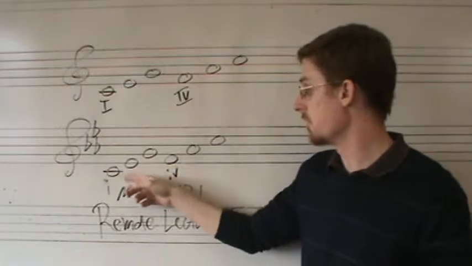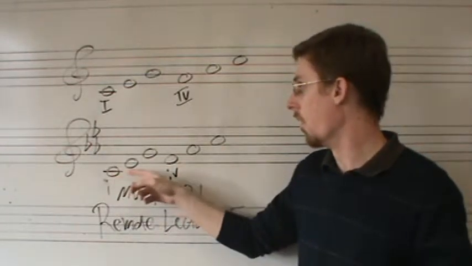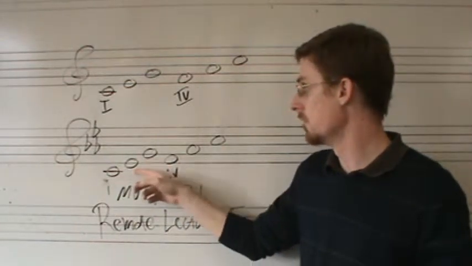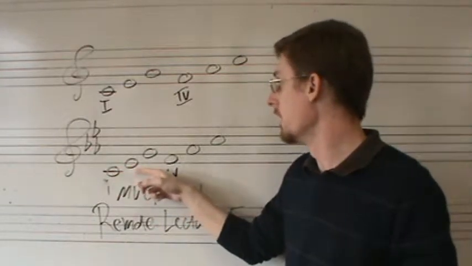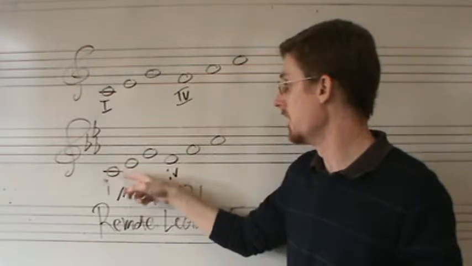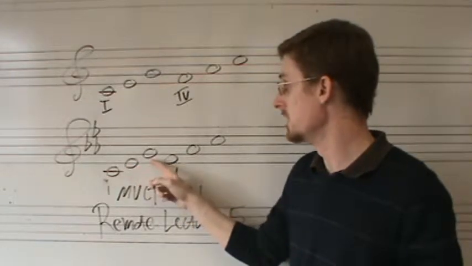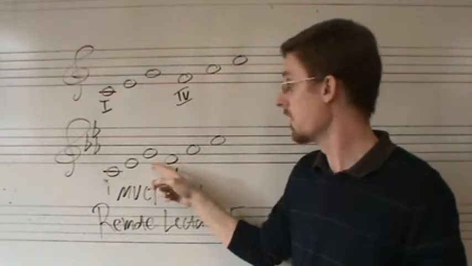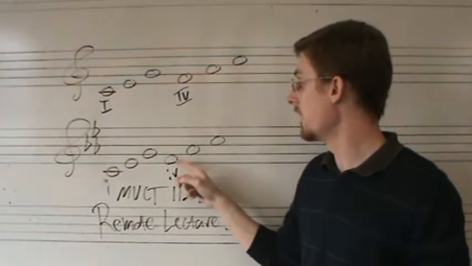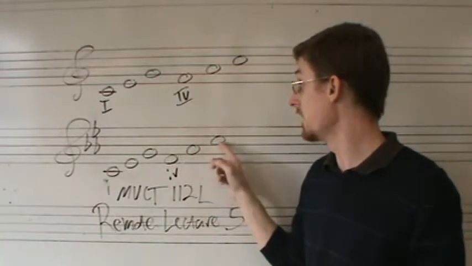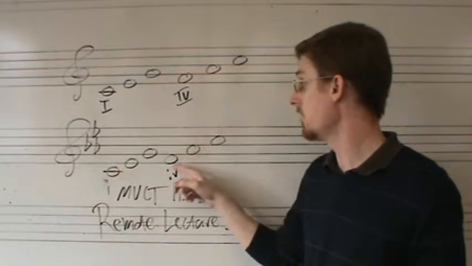Do, mi, sol, mi, do. Let's try it. Do, mi, sol, mi, do. Again. Do, mi, sol, mi, do, mi, sol. Now to the four chord. Fa, le, do, le, fa, le, do, le, fa.